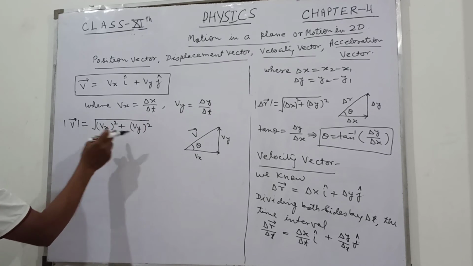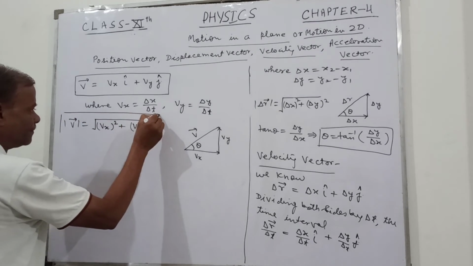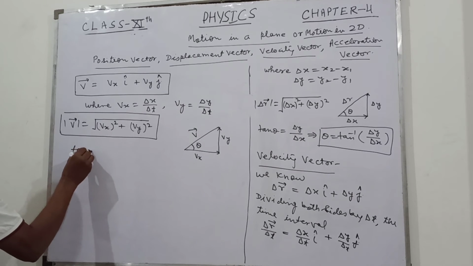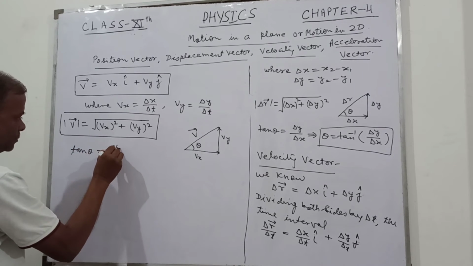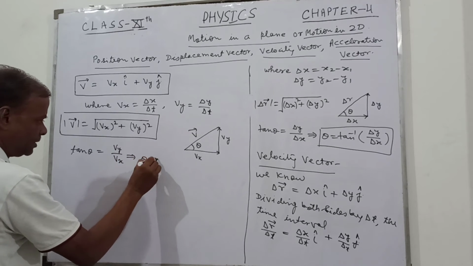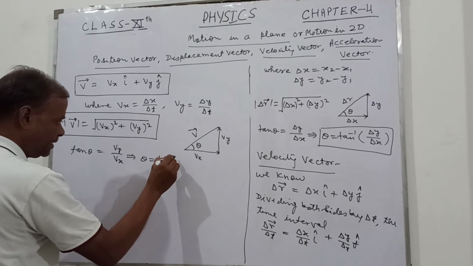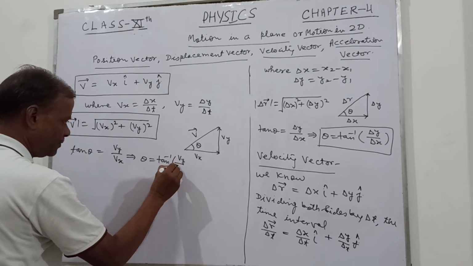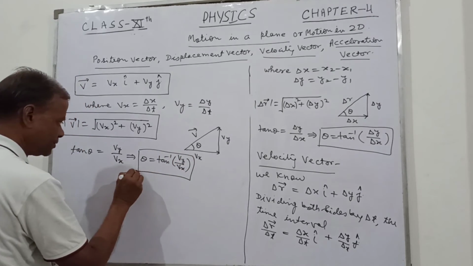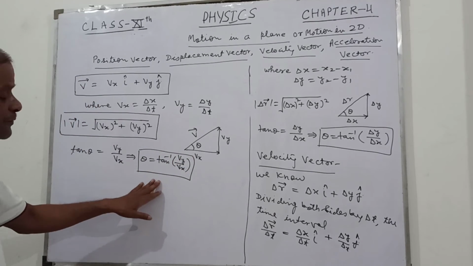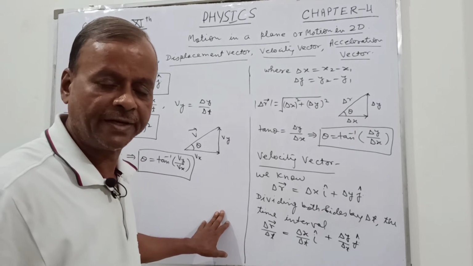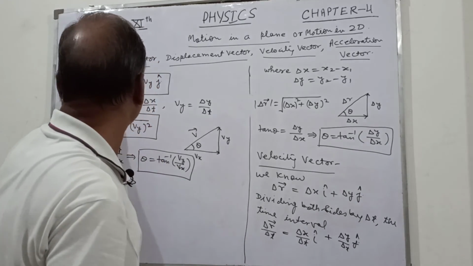And the direction we can take as tan theta equal to Vy upon Vx, or theta equal to tan inverse of Vy upon Vx. So you can find the direction and the magnitude of the velocity vector. So this gives you the velocity vector.